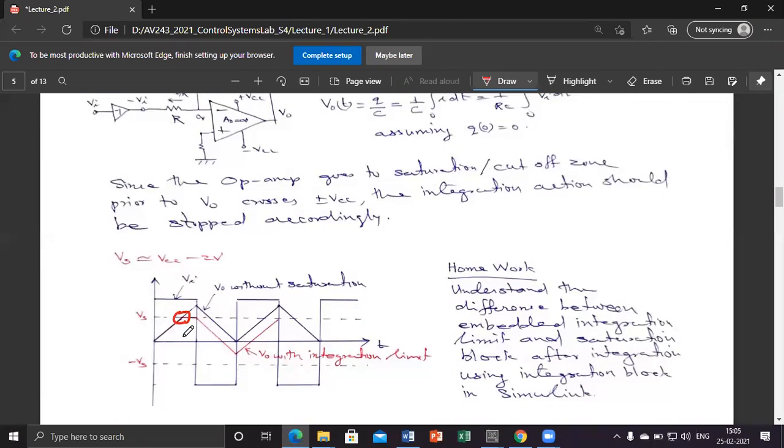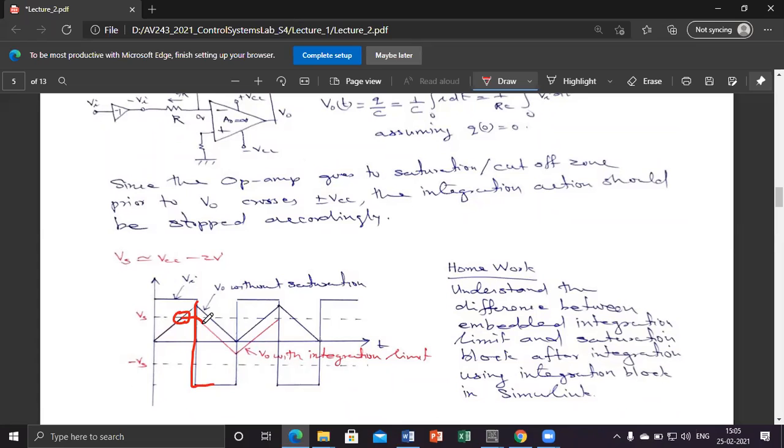So what will happen is the moment it reaches, it will stop integrating. Stop integrating means the output will remain flat. And the moment the input comes down, this is the input, once it drops down, then the amplifier comes out of the saturation zone, and it will start integrating in the opposite direction.